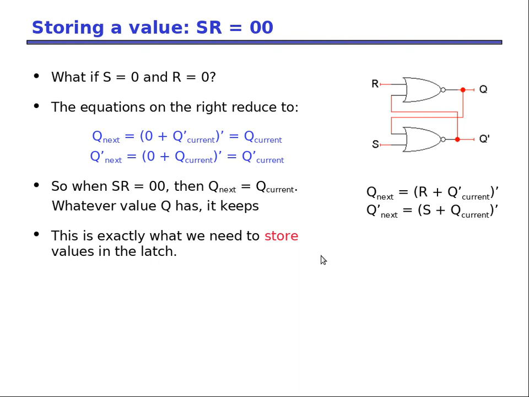All right. So this is how you actually store the values. Notice that Q next is equal to Q current and Q naught next is equal to Q naught current. So we've basically gone through a quick little proof mathematically to show that it's storing the values.